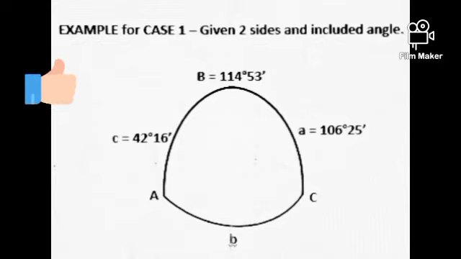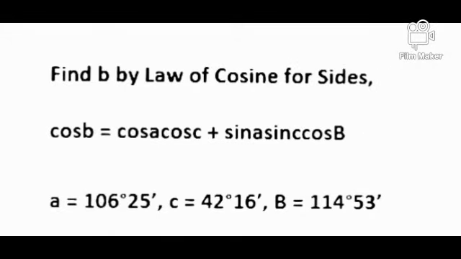To solve this oblique spherical triangle is to find the parts that are not given: angle A, angle C, and small side b opposite angle B. We start by finding the side small b by law of cosines for sides, because the two other sides are given, small a and small c, and angle capital B is also given.